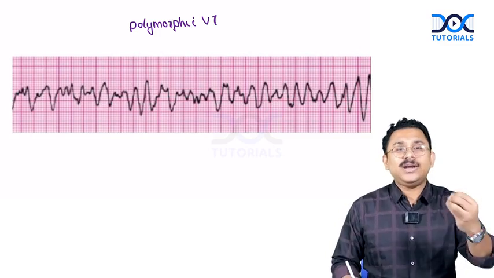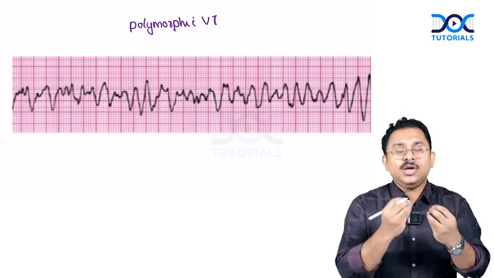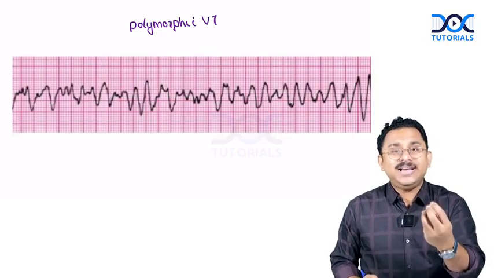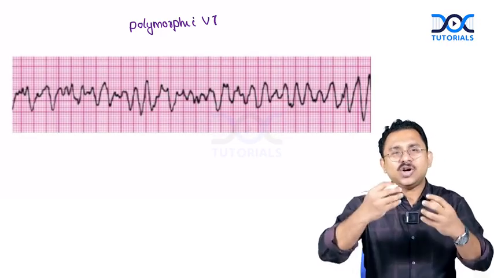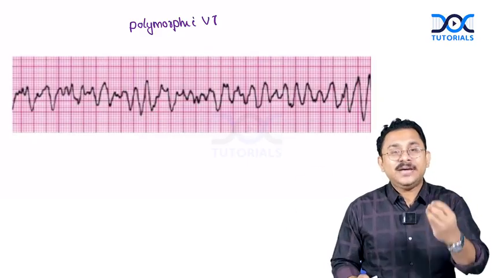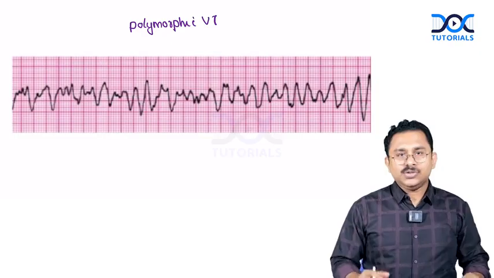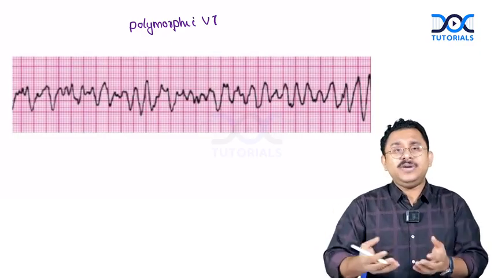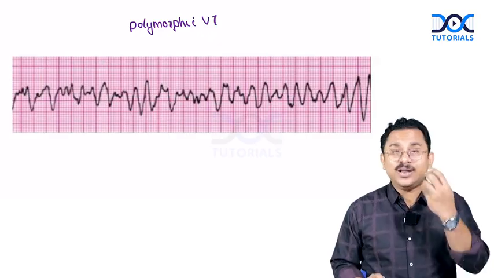So when it goes to ventricular fibrillation, unlike the ventricular tachycardia, you will not be able to appreciate definite QRS morphology. Okay, you will have a sort of fibrillations there, and the definite QRS morphology cannot be appreciated. So especially these polymorphic VTs are more likely to degenerate into ventricular fibrillation.